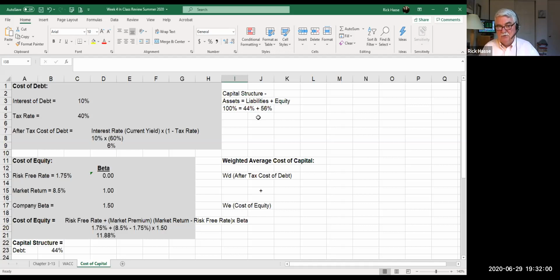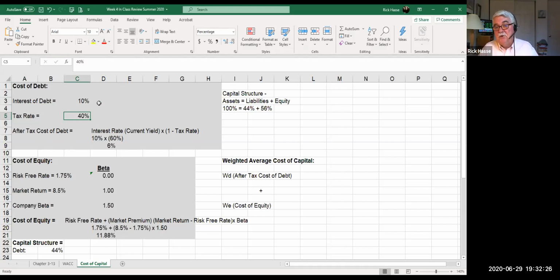There's our capital structure, okay? We're going to determine the weighted average cost of capital by determining the after-tax cost of debt and the cost of equity. Well, here's the cost of debt. Their interest on their debt is currently 10%, all right? Their tax rate is 40%. Again, you will always be given the tax rate.